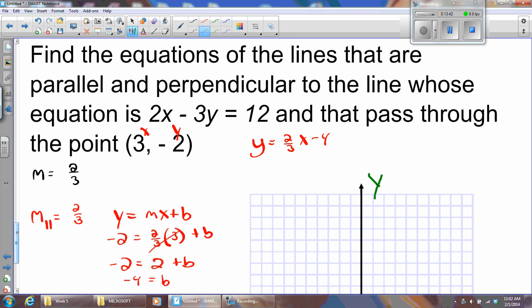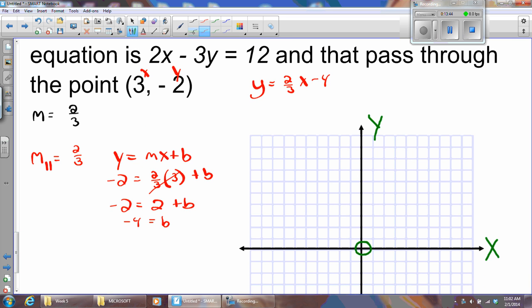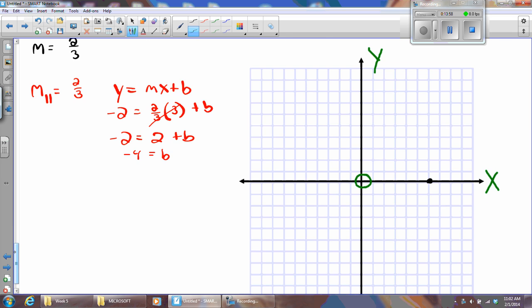Well, let me go ahead and graph the original equation and the parallel one and make sure they're right. Okay, so let's find the x-intercept. Looks like it's going to be 6. 1, 2, 3, 4, 5, 6. And let's find the y-intercept. Negative 4, I think. So 1, 2, 3, 4. Good.